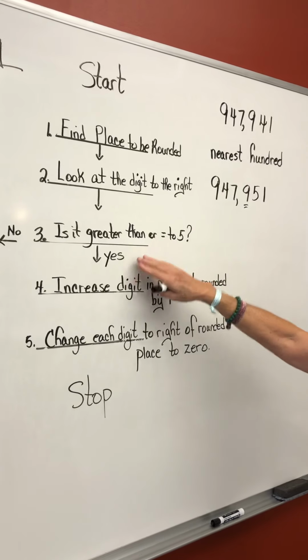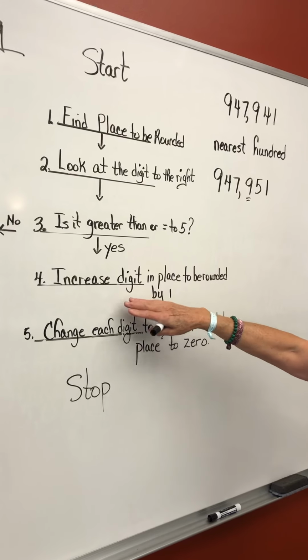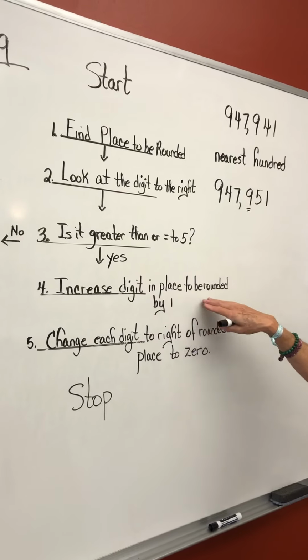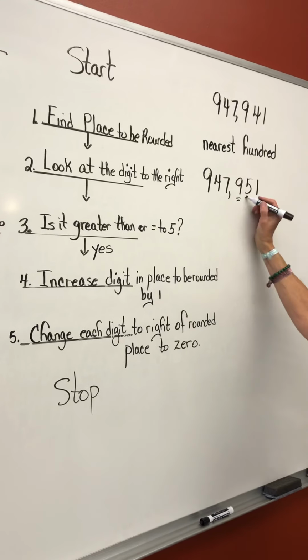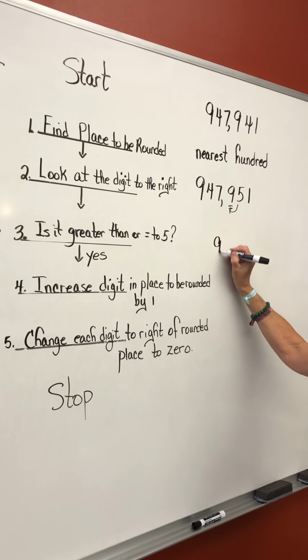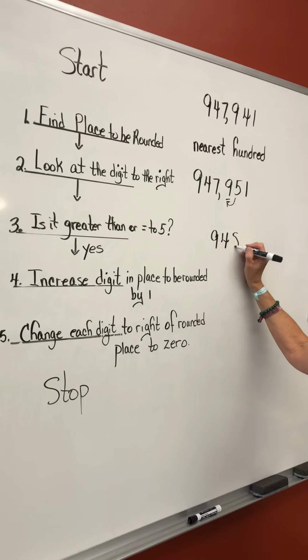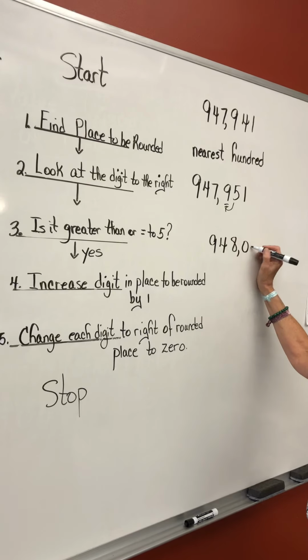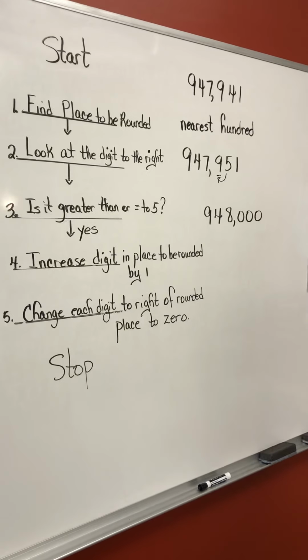And if that is yes, I'm going to come over here, right? I'm going to increase the digit in the place to be rounded by 1. So that means I have to change the 9 to 10, which means the 7 is going to have to change. And then I replace all the other ones to zeros.